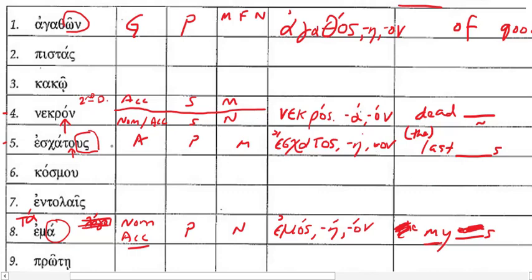Usually you have an article with it, but then no noun to follow it. So it would be something like tous eschatus, the last plural, masculine plural ones. Something like I love tous eschatus. I love the last ones.